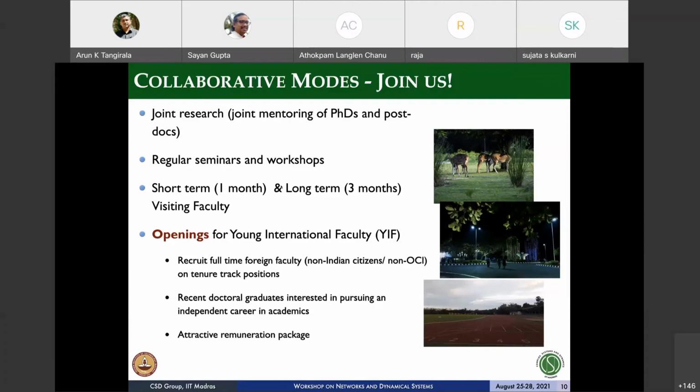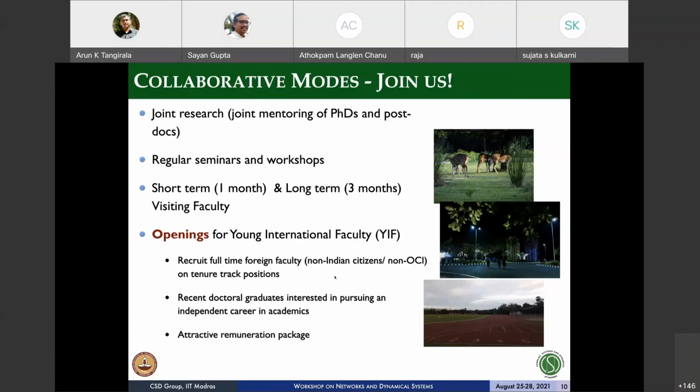So we are looking for active researchers who want to join our institute as young international faculty, and of course as postdoctoral fellows, apart from our PhDs and master students. And if you are interested to join, please do write to us. We'll be more than happy. And please note that we are also recruiting full-time foreign faculty on tenure track positions.